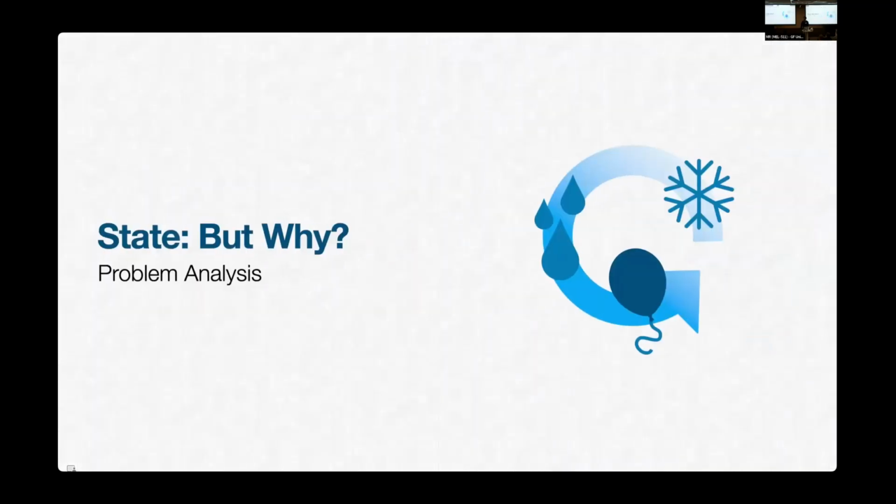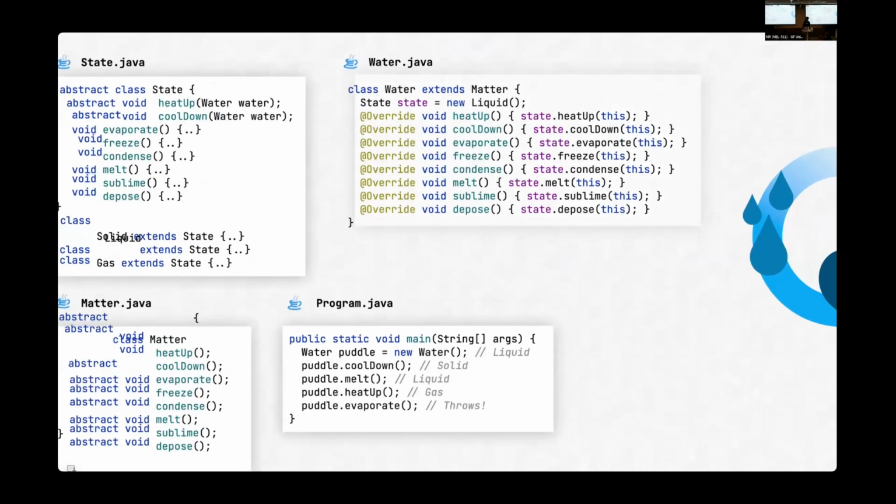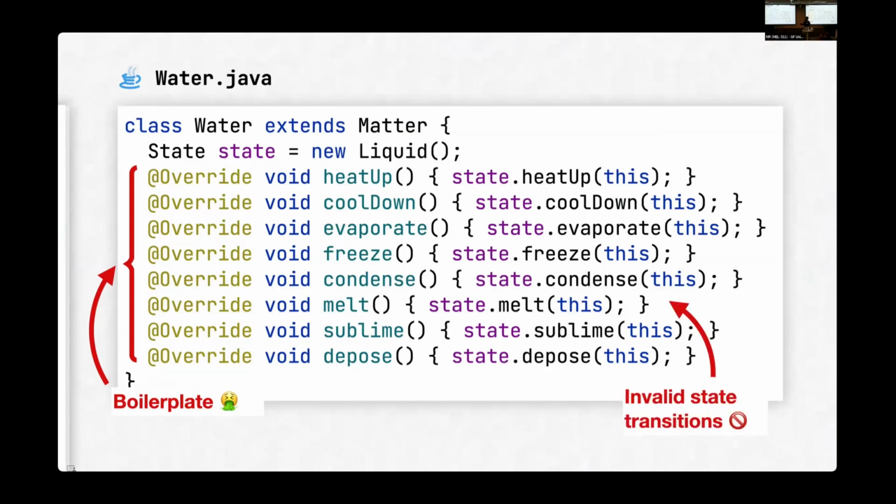Why do we need to do this? Let's take a step back and see what's wrong with this. If you look at the water class, all it's actually doing is delegation. If you can look past all this boilerplate, another issue you might run into is that with this state pattern, you can easily run into situations where you ask the water to heat up when it can't.